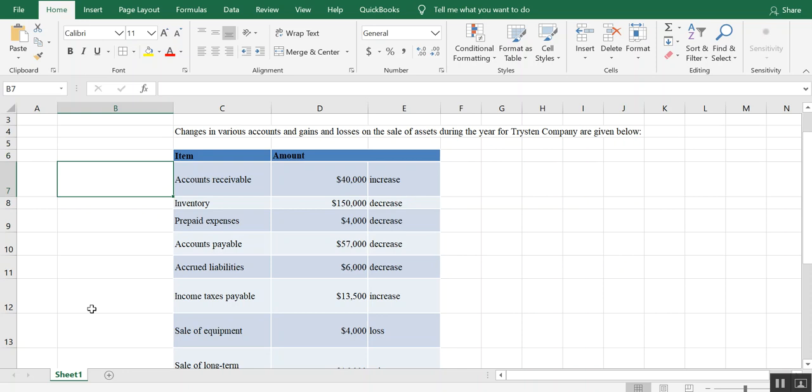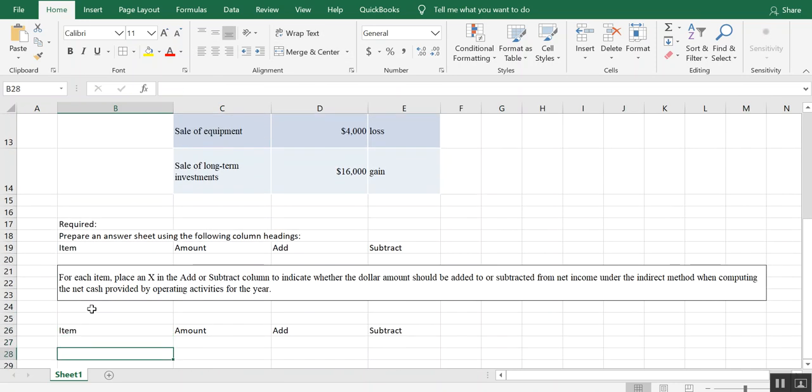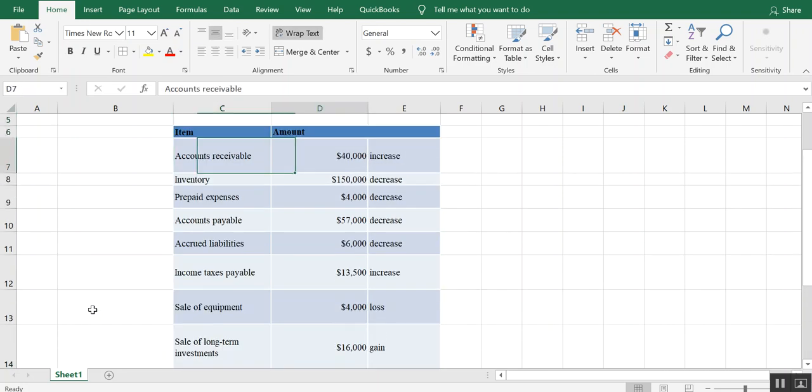So to start with, we have an increase in accounts receivable. We had an increase of $40,000, and that's right here.